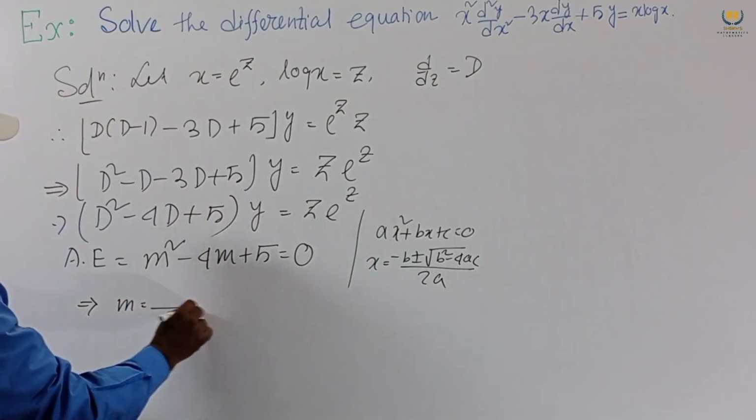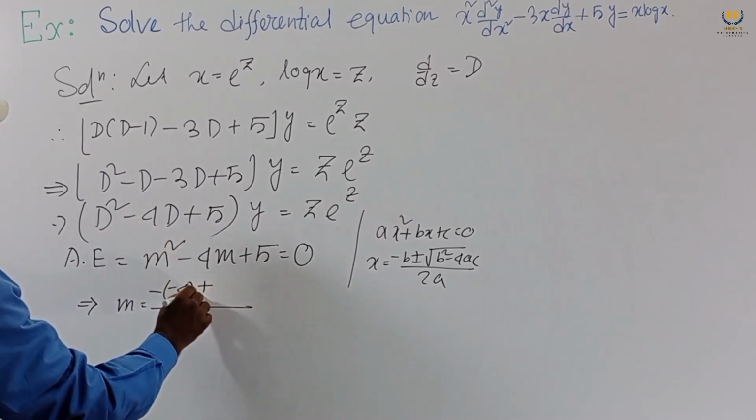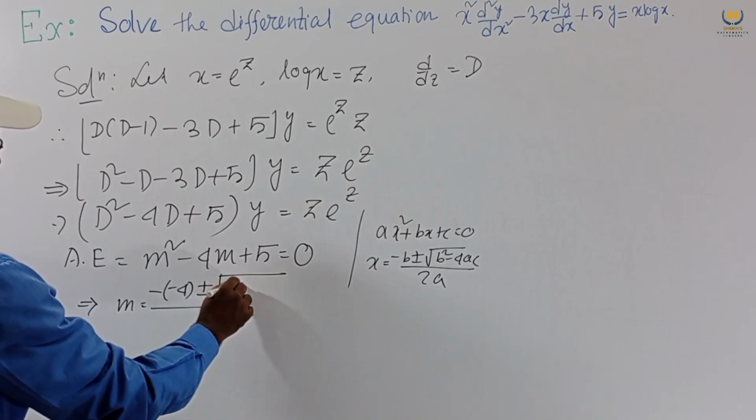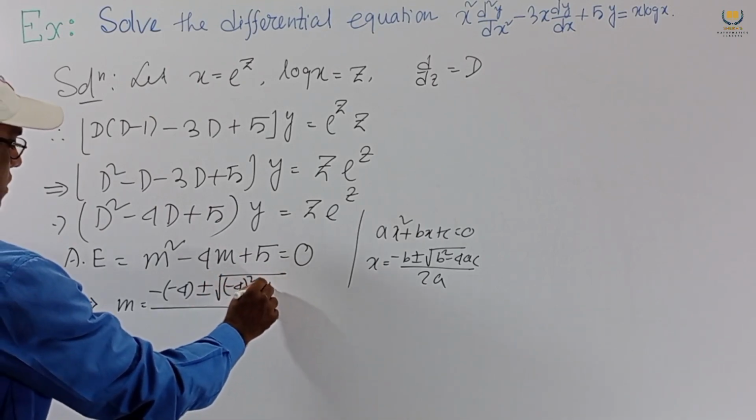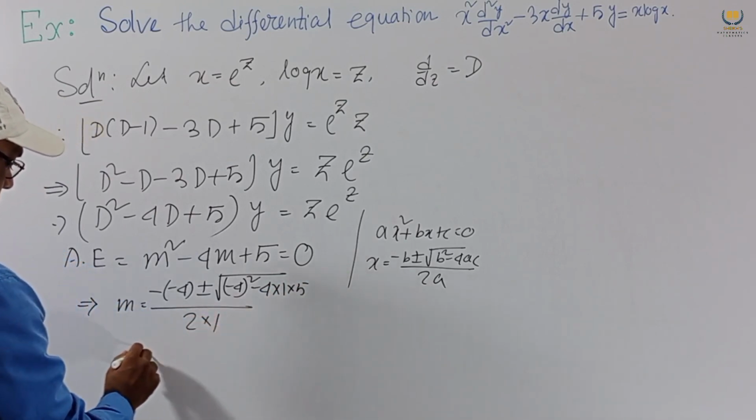Now here we are using the quadratic formula. m equal to minus b, this is minus of minus 4, plus or minus the square root of b squared, that is 4 squared, minus 4ac, by twice a.